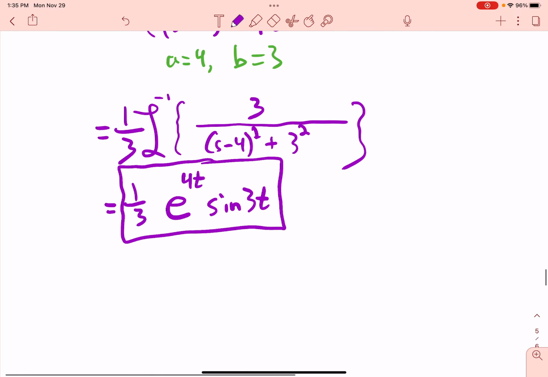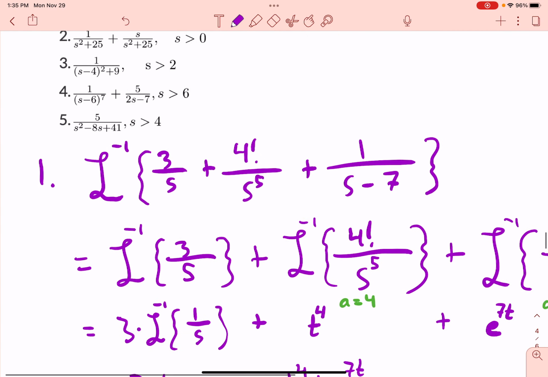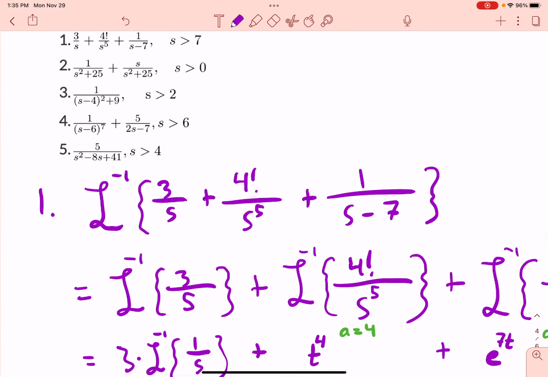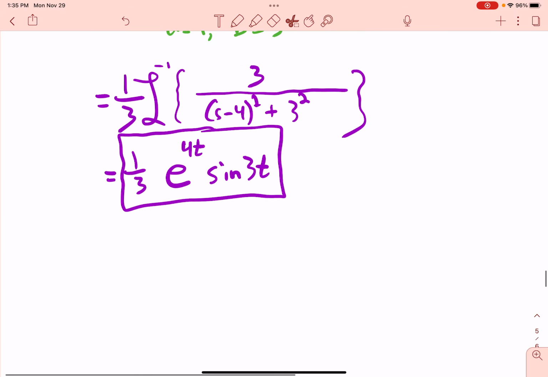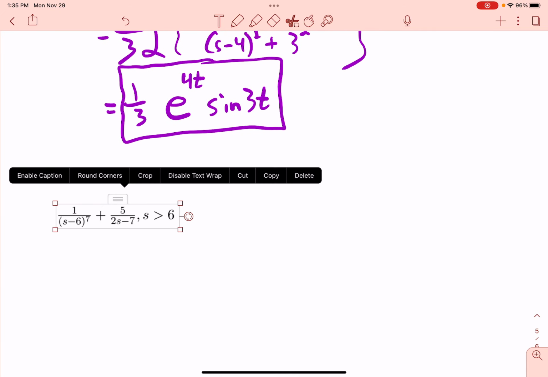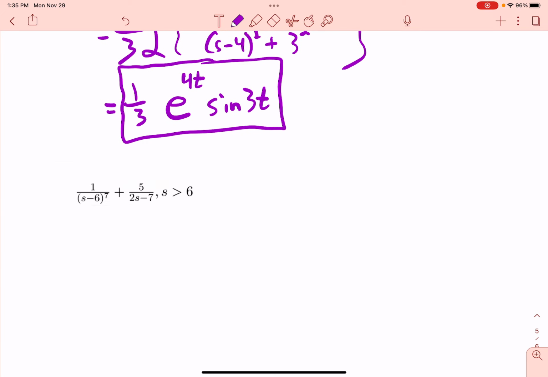Let's take a look at number 4. So once again, we'll do a quick copy. Number 4 here is the inverse Laplace transform of 1 over (s minus 6) whole thing to the power 7, plus 5 over (2s minus 7), where s is bigger than 6.